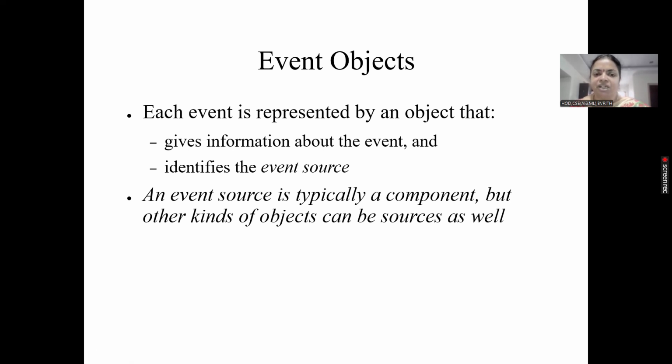It checks where the event is rising from and where the event is to be transferred. That is called the event source, from where the event is actually raised, and where the event is going to be handled. Those all have to be known by the event object.